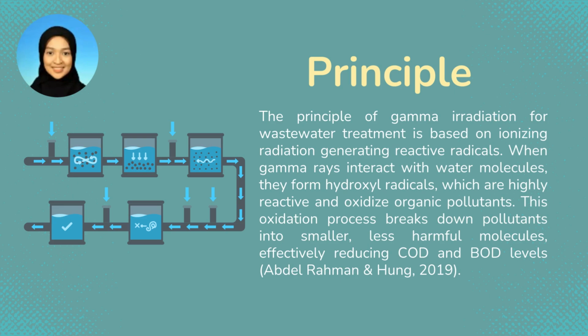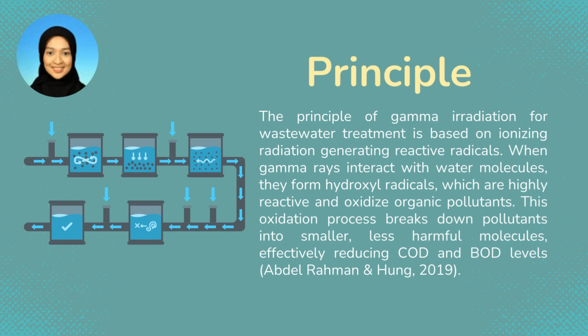The principle used for this water treatment is gamma irradiation. The principle of gamma irradiation for wastewater treatment is based on ionizing radiation generating reactive radicals. When gamma rays interact with water molecules, they form hydroxyl radicals, which are highly reactive and oxidize organic pollutants.